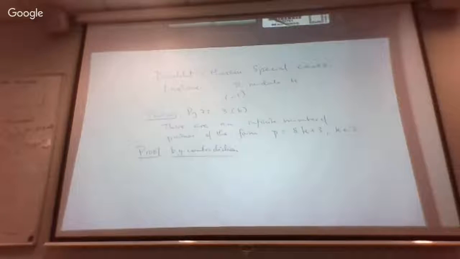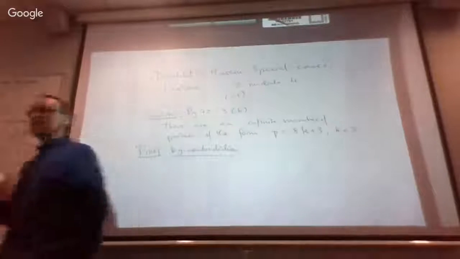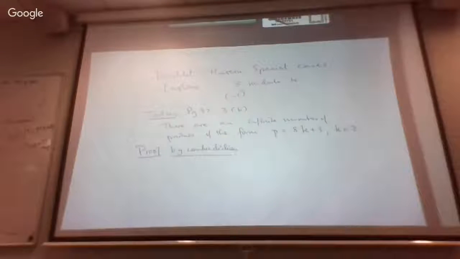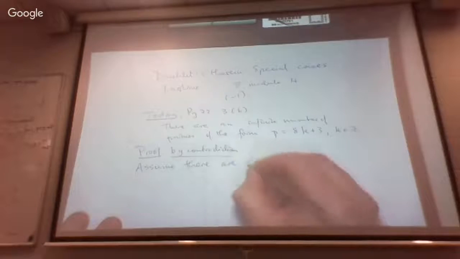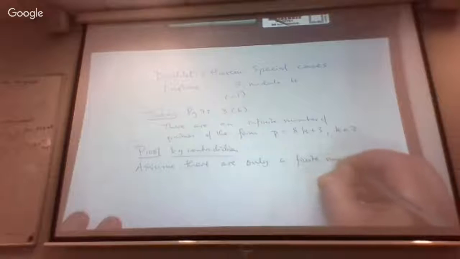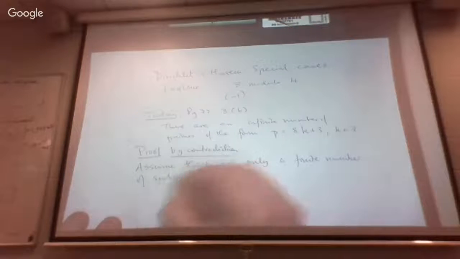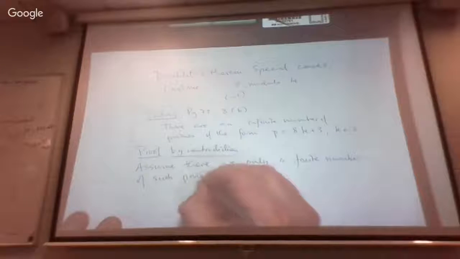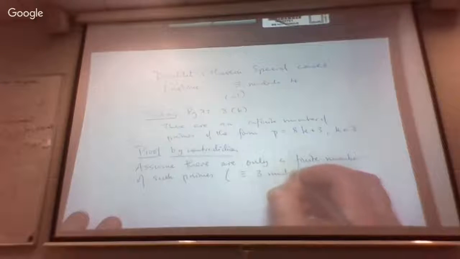So if we assume that there's not an infinite number of primes, there must be only a finite number of such primes, in other words, primes that are congruent to 3 modulo 8.